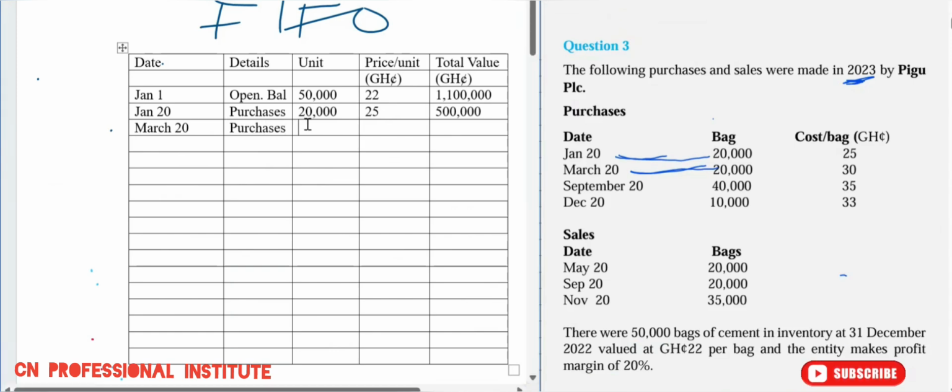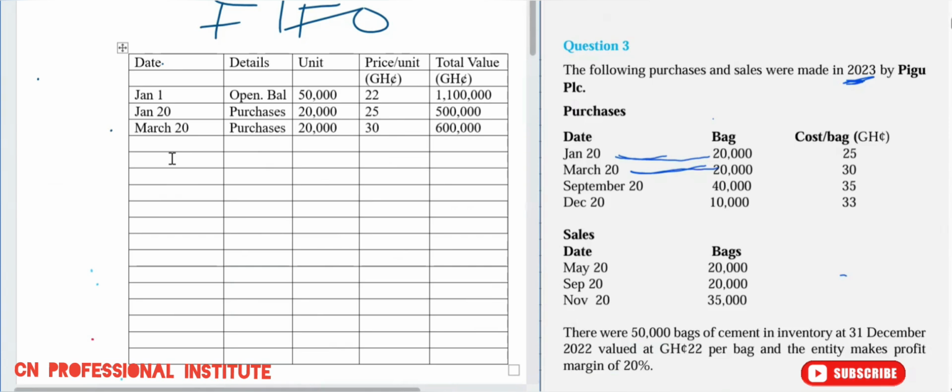How many bags? Also 20,000 bags at 30. So March 20, 20,000 bags at 30. And that should give us a figure of what? 600,000, right?